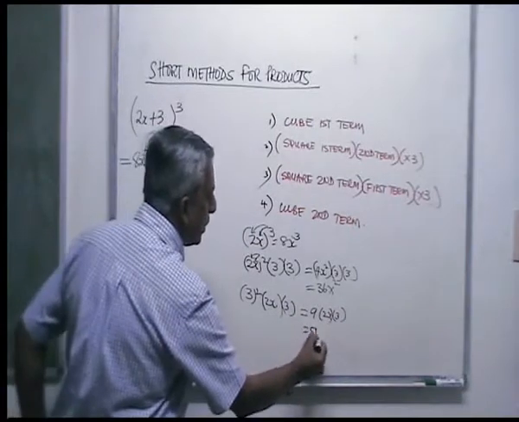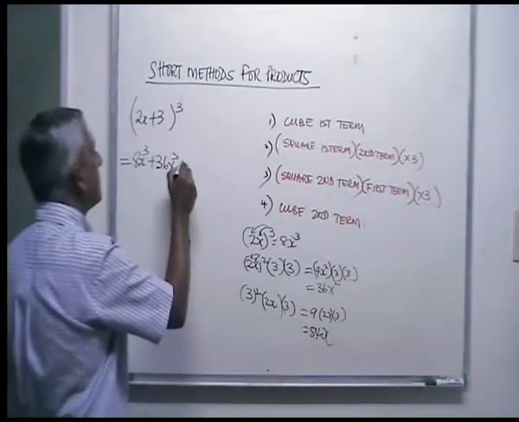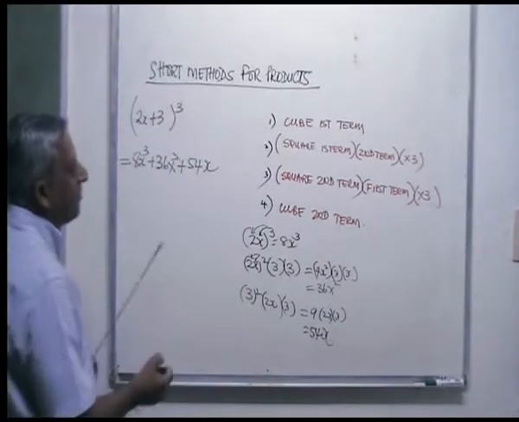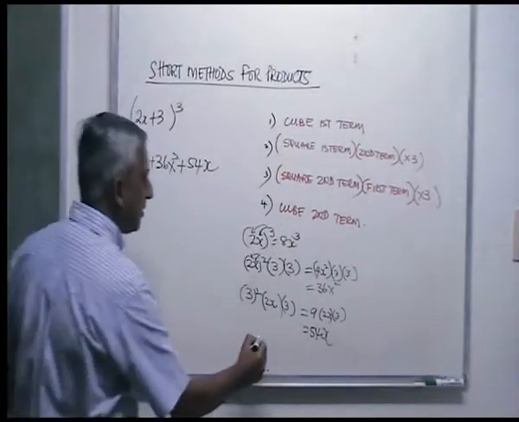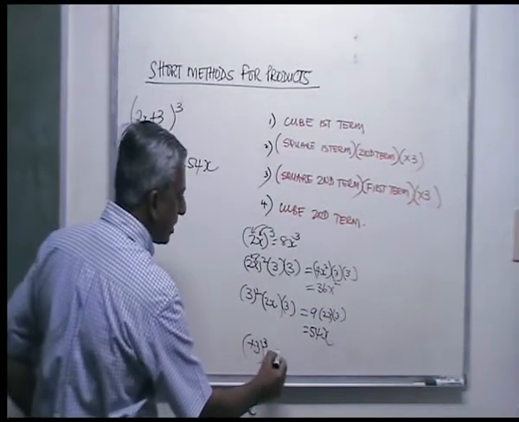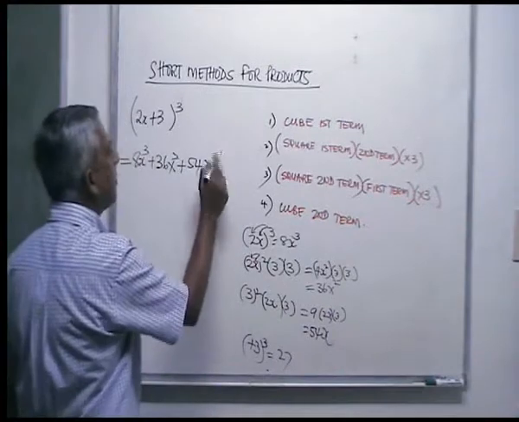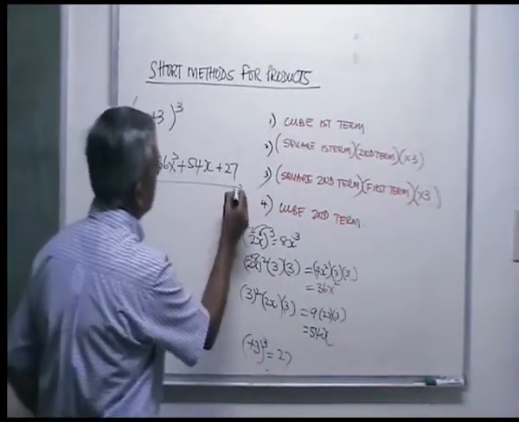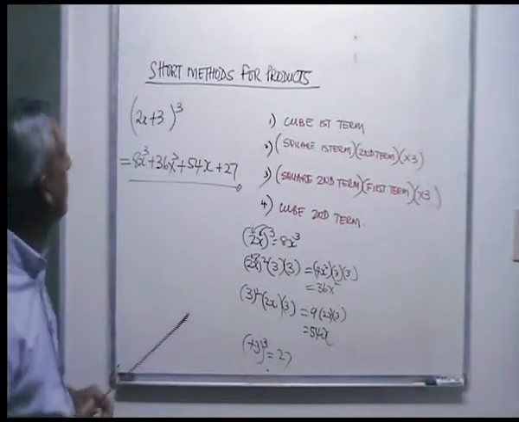So this works out to 54x. And then finally, it says cube the last term. The second term is 3. If you cube it, you get 27. So plus 27. There's your answer in one step using a short method.